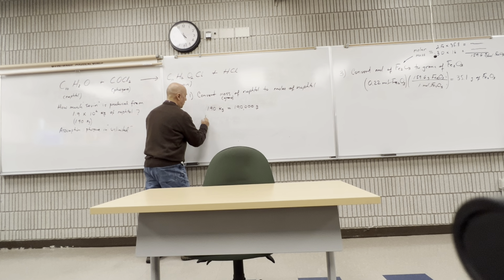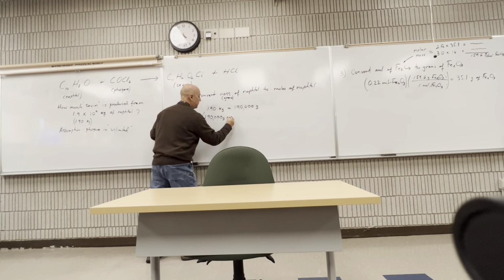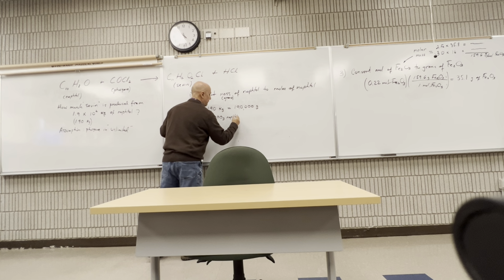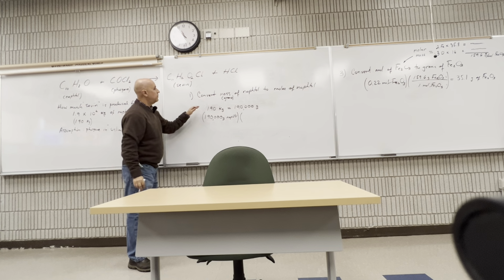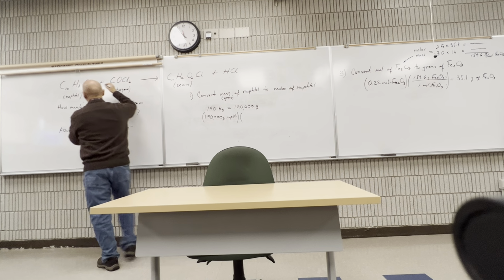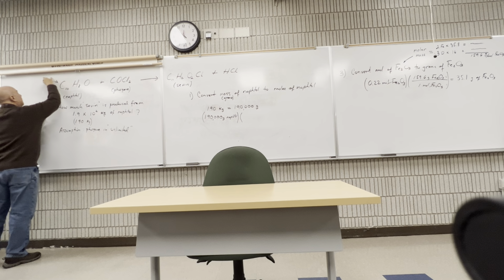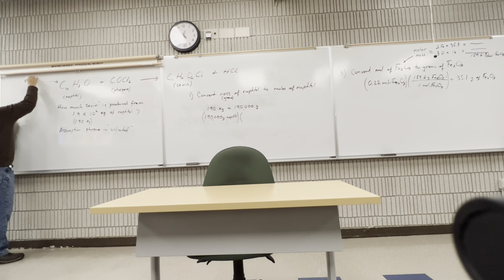Now I can go 190,000 grams of naphthol multiplied by a conversion factor from the molar mass. So the molar mass is 144 grams per mole.